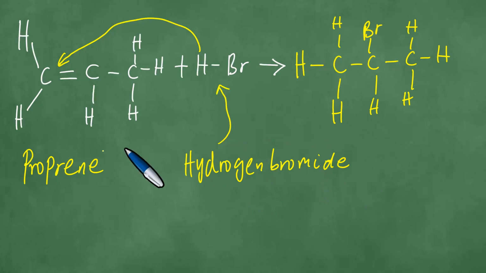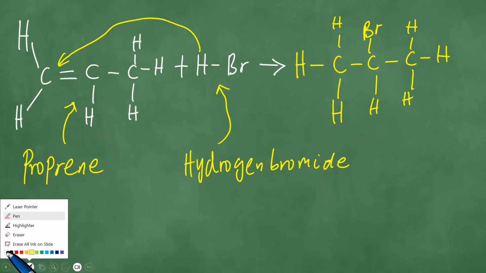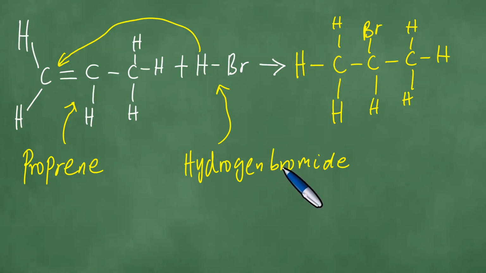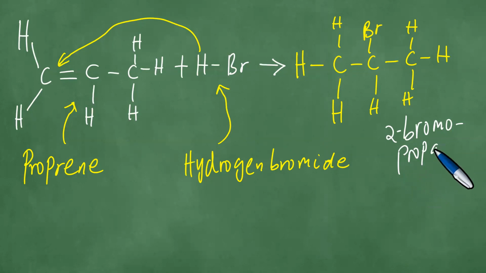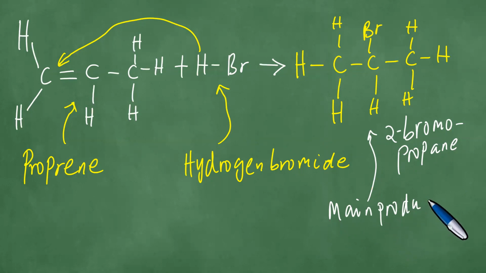Okay, so this is called hydrogen bromide, and this is called propene, and the last one then is called 2-bromopropane, like so. Okay, and this here is actually the main product of this particular chemical equation.